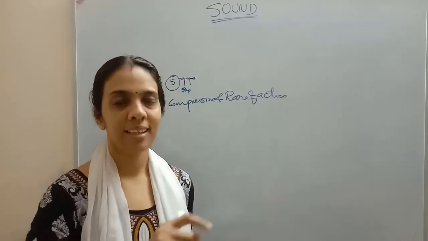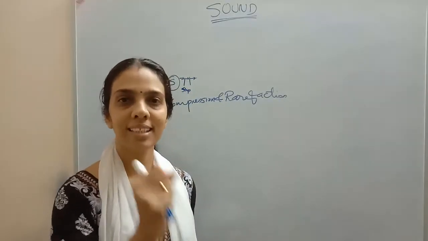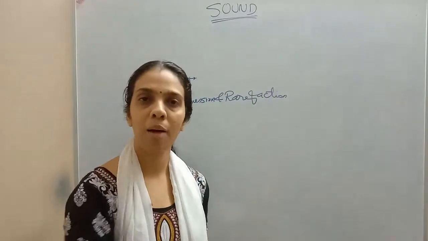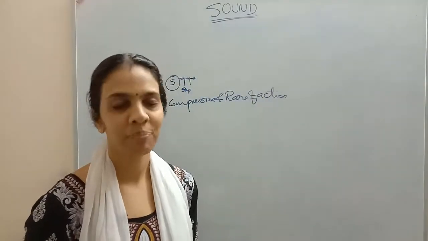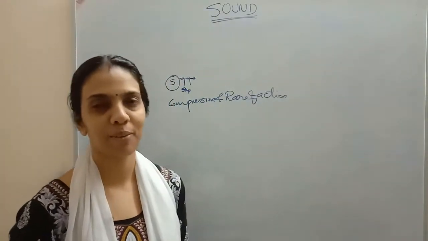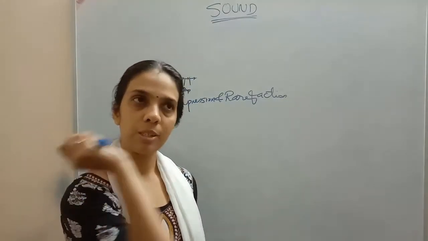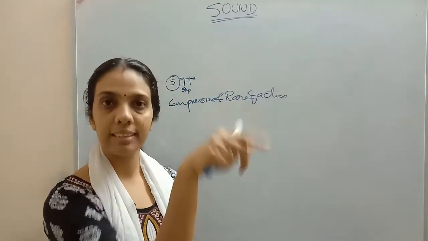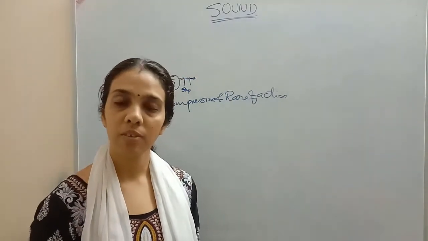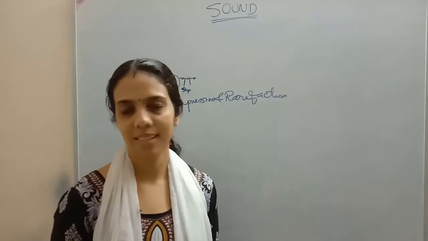One round iron disc will be there, and we hit a hammer on it and sound comes. When we hit the hammer on that disc, it will start vibrating, and those vibrations produce the sound waves.